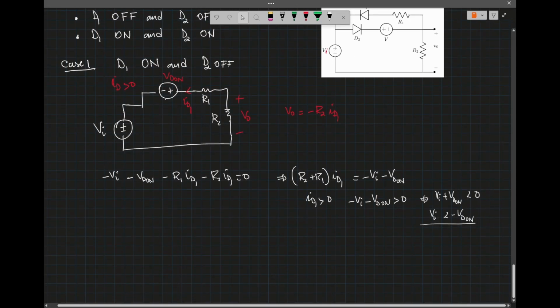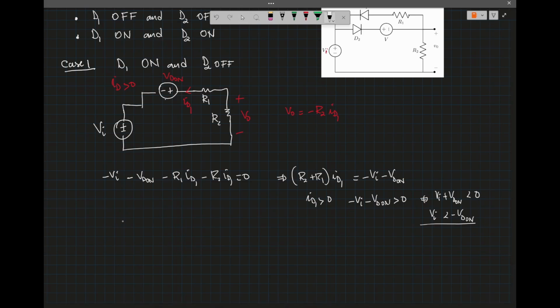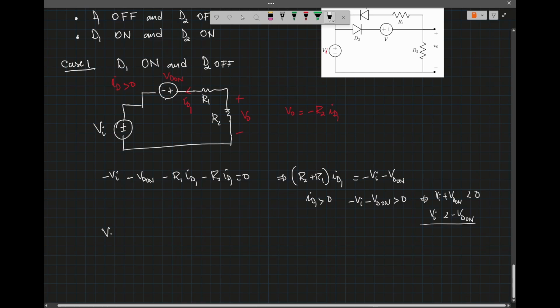So when we put it all together, we have V0, which is negative R2 ID1. What we have above is negative R2 ID1, which is negative VI minus VD on over R1 plus R2.